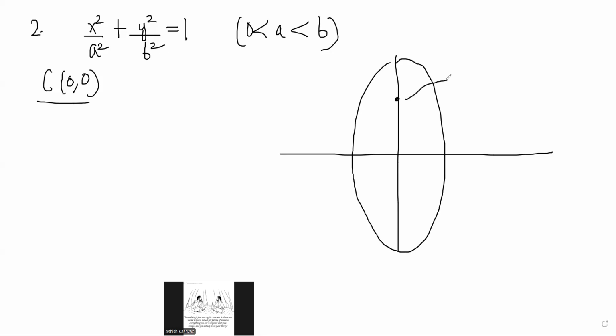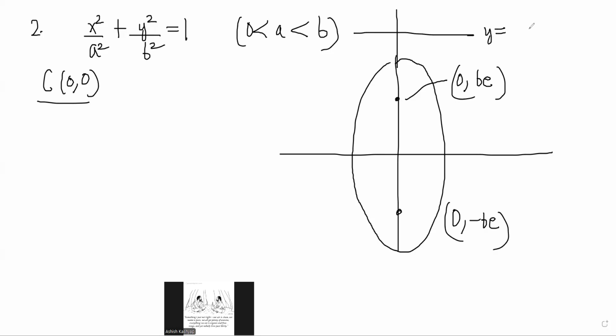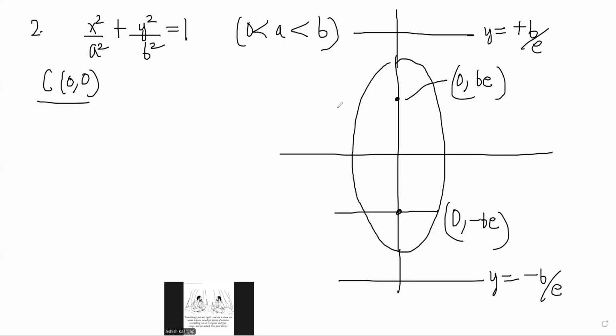Foci become 0 comma be and 0 comma minus be. The directrix lines become y is equal to plus b by e and the other directrix is y is equal to minus b by e. The latus rectum becomes y is equal to plus be and y is equal to minus be.